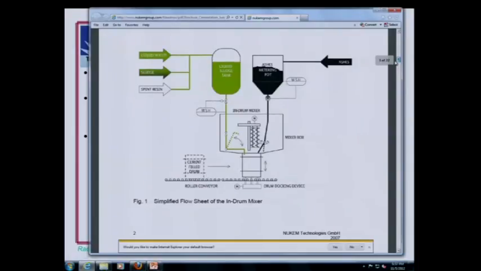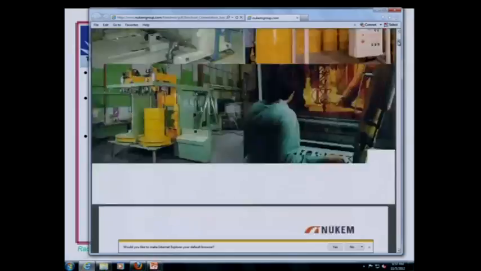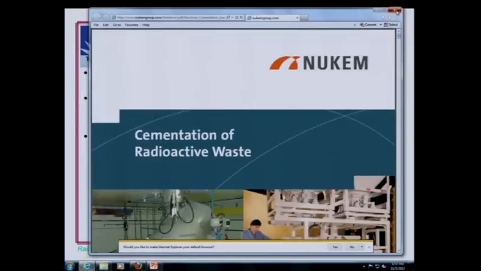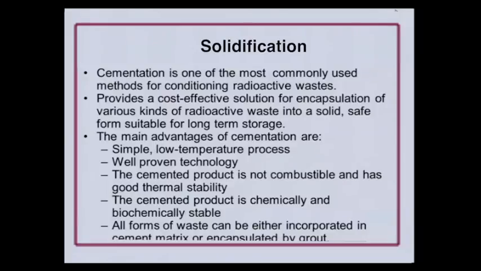They have 2 or 3 different methods that they use. The most common is cementation, and it's just what it sounds like. It's cement. The advantages for it: simple, low temperature, proven technology. It's not combustible, has good thermal stability.